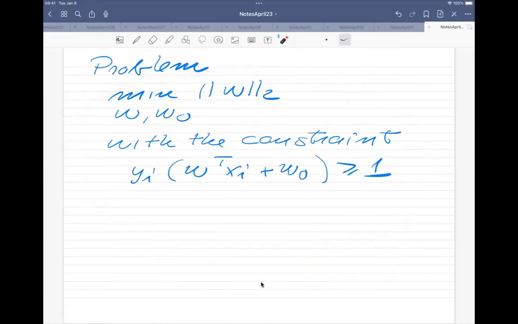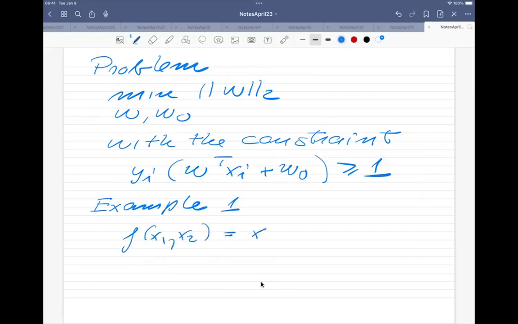So a typical example which you could think of before we take a small break is of the following type. Example 1 here. We could now have a function f of x1, x2 equal to x1 minus x2 squared.